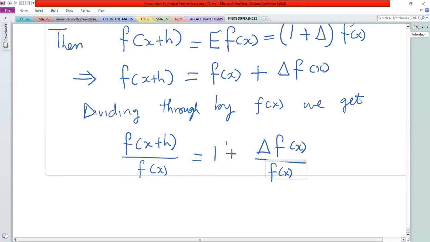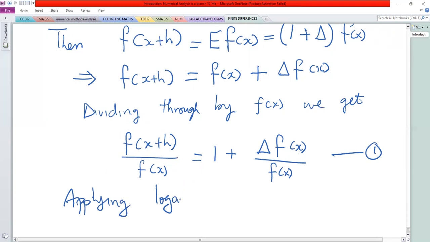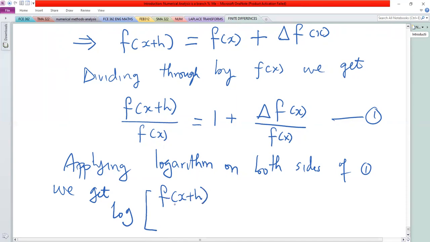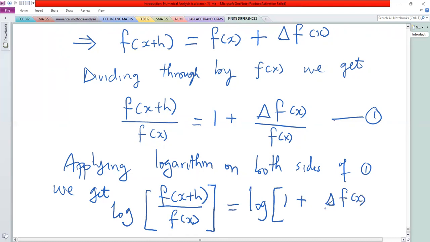And so, if I call this one equation 1, applying logarithms on both sides of 1, we get that log of f of x plus h divided by f of x is the same as log of 1 plus forward of f of x divided by f of x.